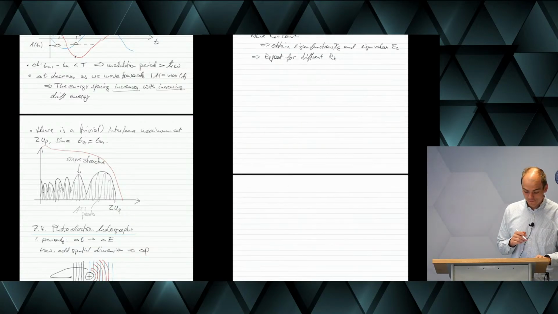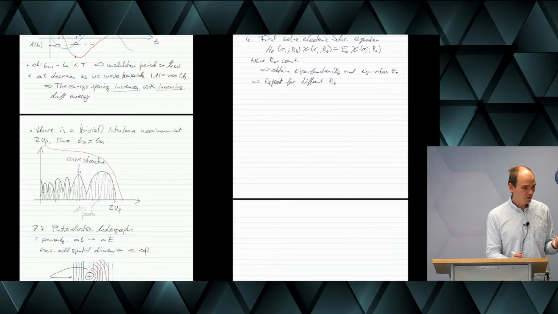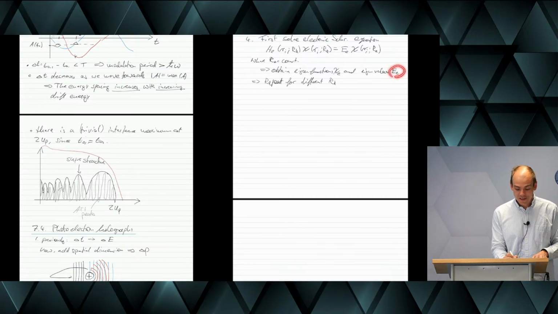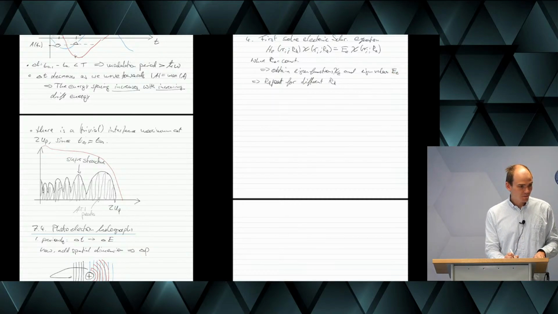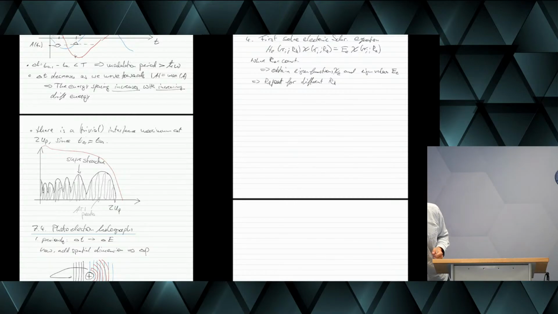And now what we obtain is the electronic wave function, essentially the electron density distribution around the nuclei, and the eigenvalues. Now we have obtained the eigenvalues as a function of the internuclear distance. So that's a curve.